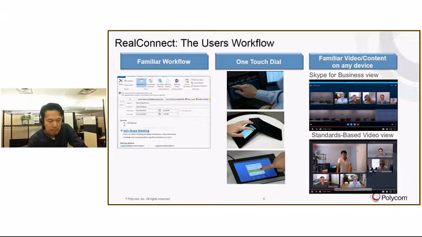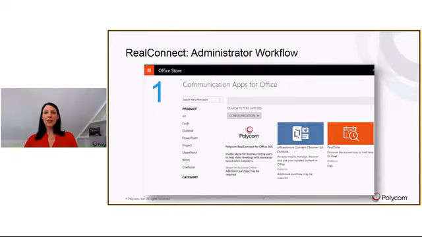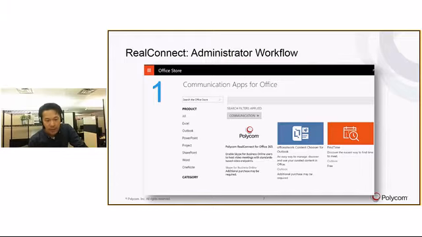Excellent. Great. Now, does that familiarity carry over to the administrators? Can you walk us through what that workflow is like? Sure. RealConnect for Office 365 is a video interoperability service.